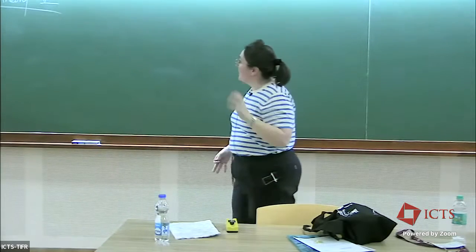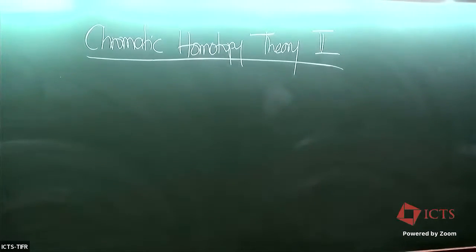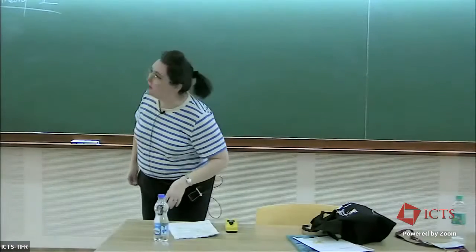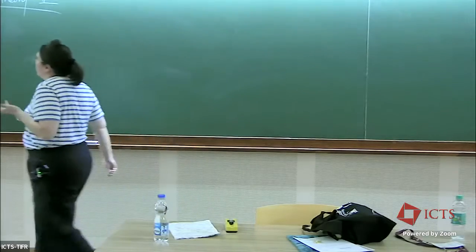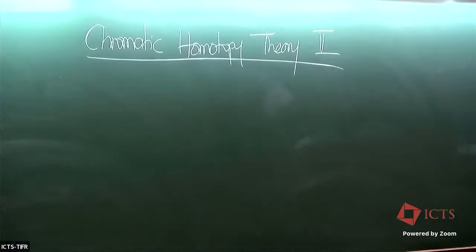It's very nice to say that I'm continuing to do chromatic homotopy theory, because I think last time we more or less got to some of the setup. So let's remind ourselves again of the goal.